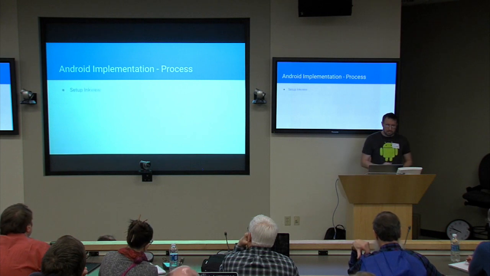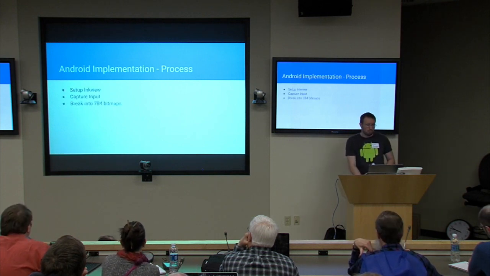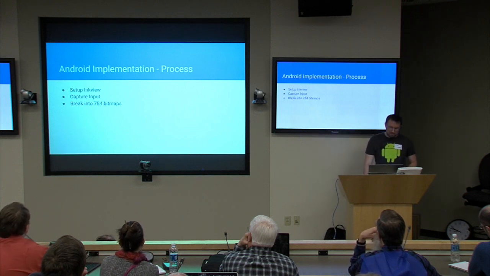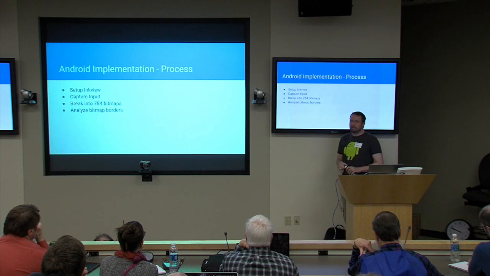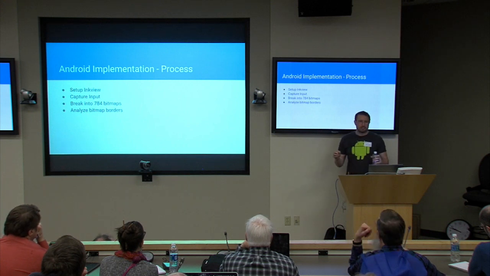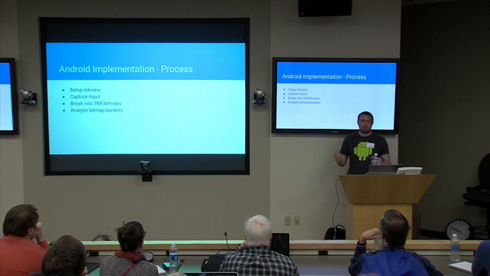What's our process going to be? We're going to set up our Ink view. We're going to capture our input. We're going to break it into 784 bitmaps. Then, in order to make it faster, we're just going to analyze those mini bitmap borders, because we can assume that if our finger breaks the barrier of that bitmap, then that bitmap is now a 1 because it has data inside of it.